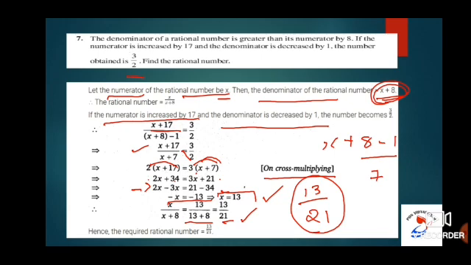I think you all remember what transposing is. Addition on the left hand side becomes subtraction, subtraction becomes addition, multiplication becomes division, and division becomes multiplication. And we have also understood how to solve certain linear equations and to check the result.